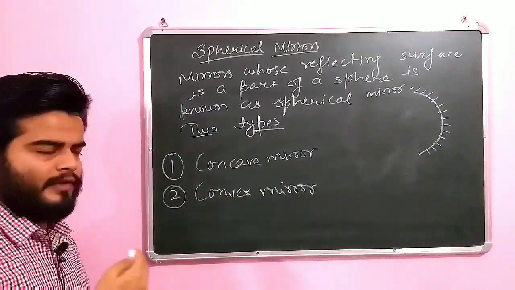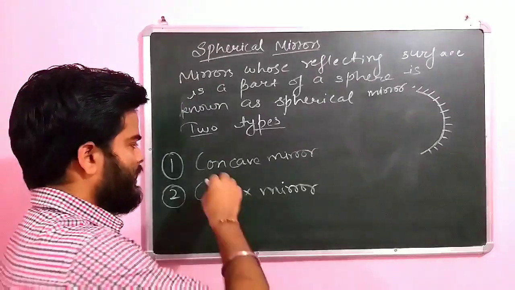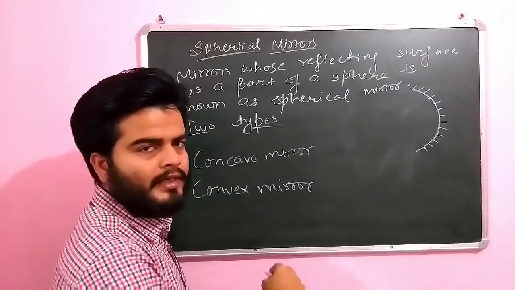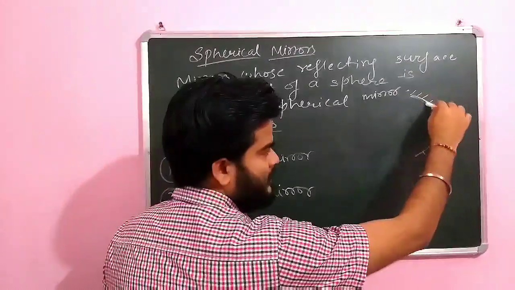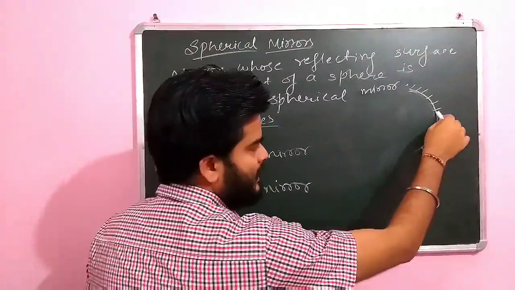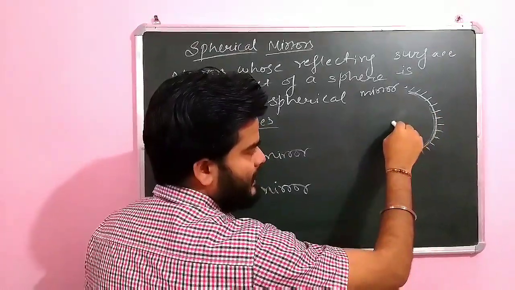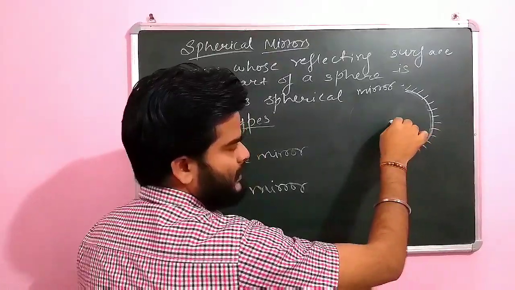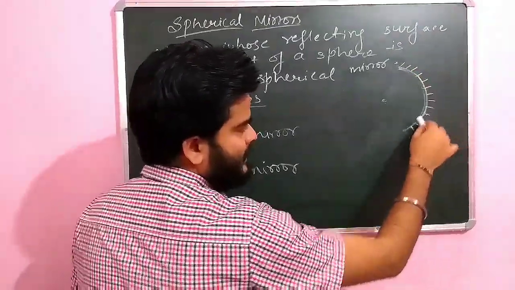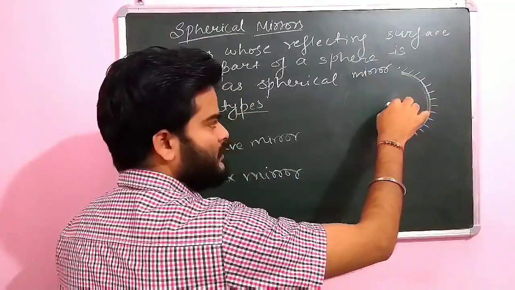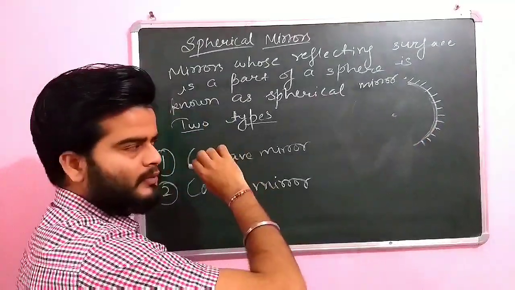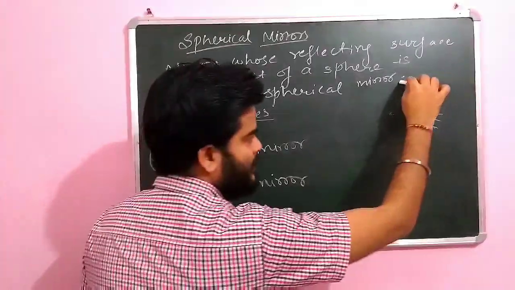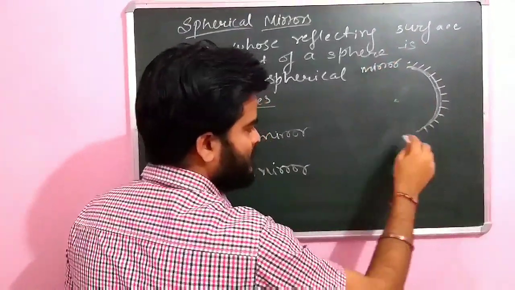Basic difference between these two mirrors is, in concave mirror the reflecting surface is curved inwards. It means it is facing the center of the sphere. This was the sphere and this was the center of the sphere. So जो reflecting surface है वो किसको face कर रही है? Center of sphere को. That type of mirror will be concave mirror. It means it is curved inwards.